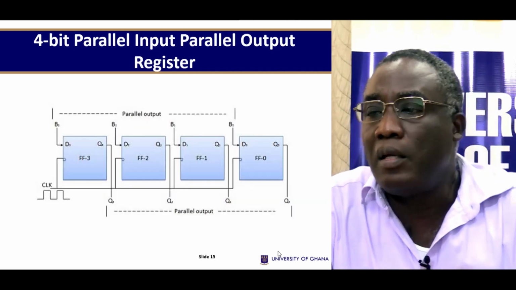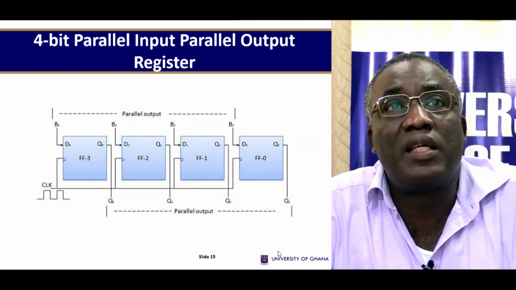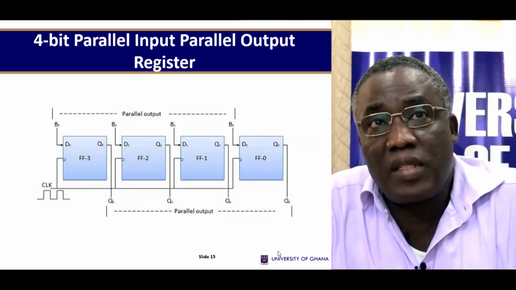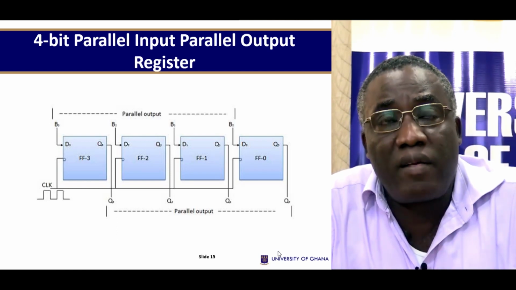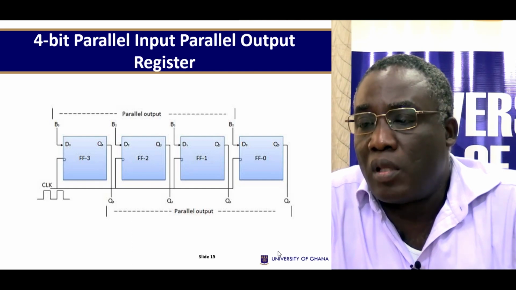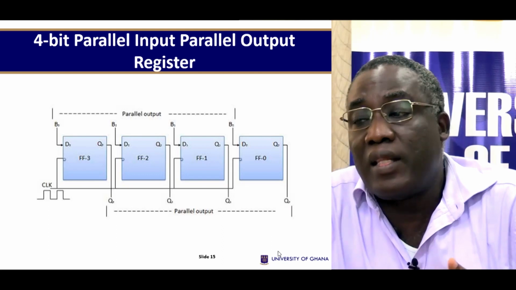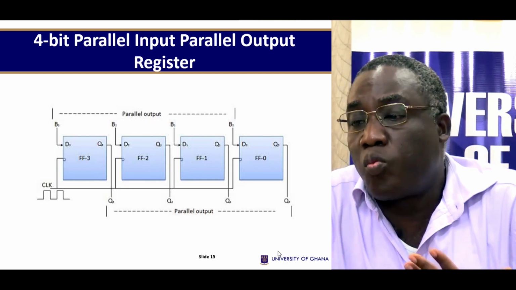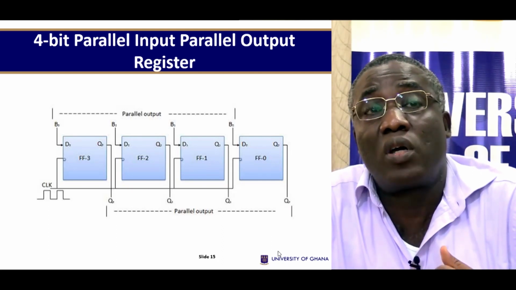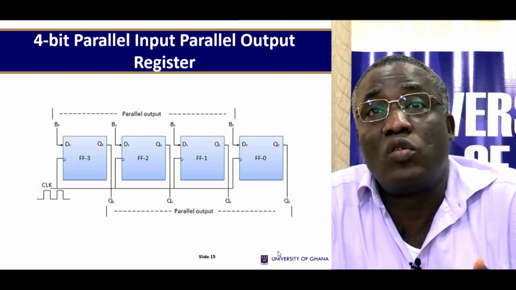And then the parallel input, parallel output. In this case, you load the data in a parallel fashion, and you take out the data in a parallel fashion as well. So the loaded bits will appear simultaneously at the output. Only the clock pulse is essential, so you only need a clock to load the data. You are not shifting in this case, you are just loading.